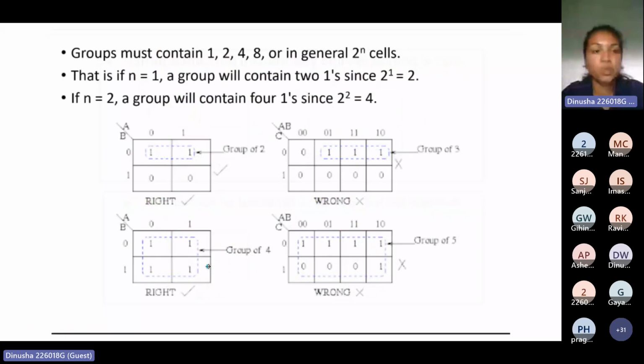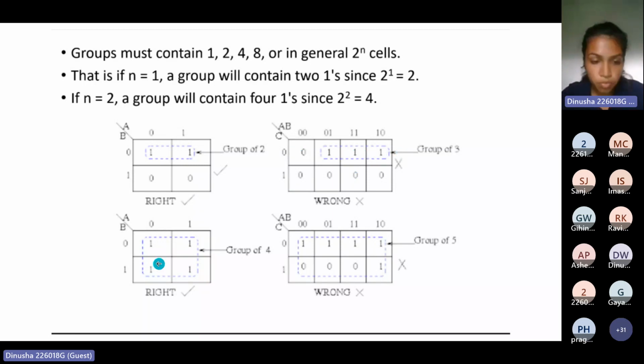The next rule: groups must contain 1, 2, 4, or 8 cells. Likewise, we can group these cells by powers of 2. This group has 2 cells, and 2 is a power of 2. This group has 3 cells, and 3 is not a power of 2, so we can't group these 3 cells.